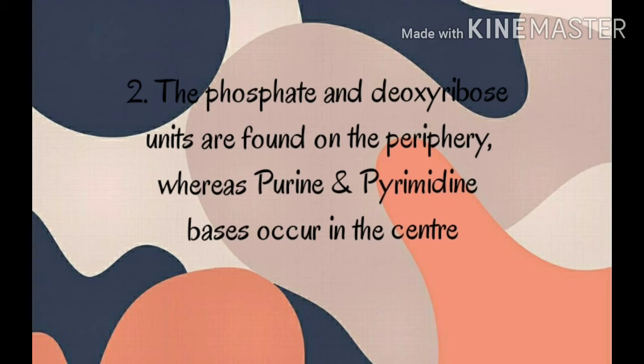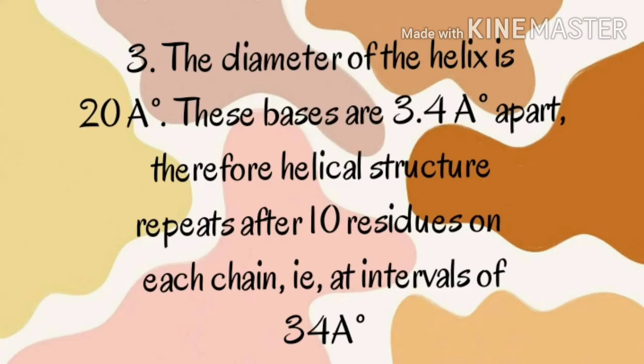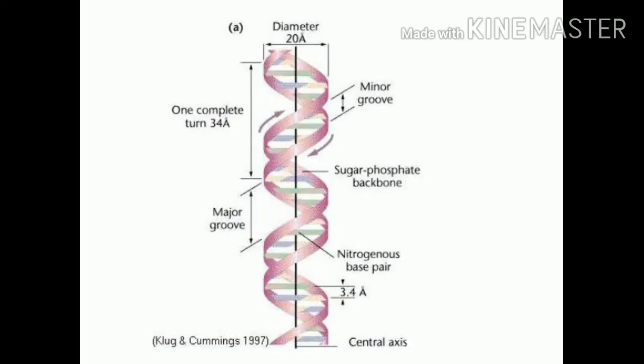We can say that the deoxyribose sugar and the phosphate together create the backbone for the nitrogen bases to exist in the center. The diameter of the helix is 20 angstrom, and the nitrogen bases are 3.4 angstroms apart. Therefore, the helical structure repeats after 10 residues on each chain, that is at intervals of 34 angstrom.